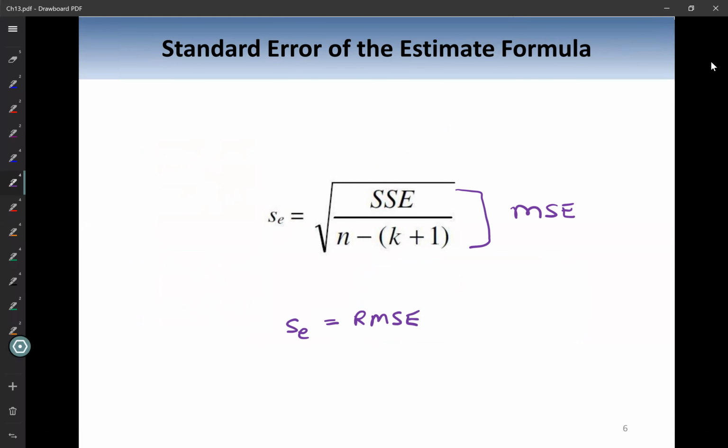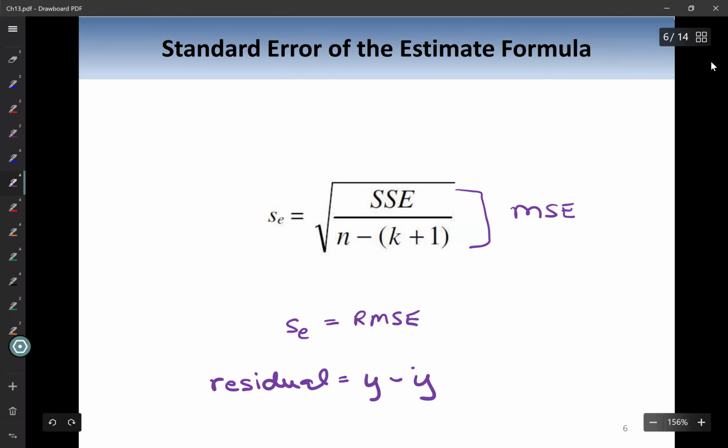It's a single number that tells us how good the error is in the model. Remember, a residual is y minus y hat, the observed minus the predicted value for the response. And that goes into the formula for the sum of the squares for the error. So this is a way to capture the entire error of the model.